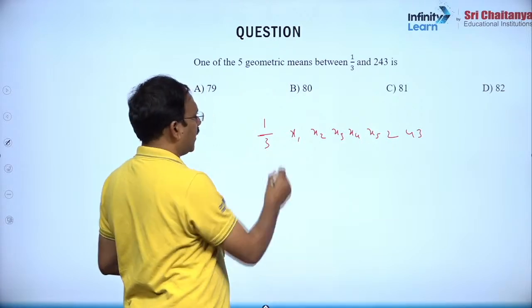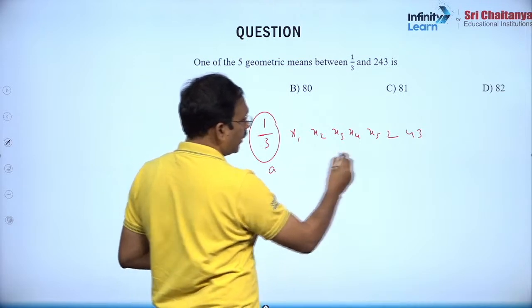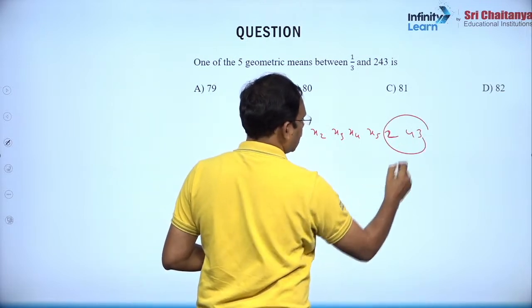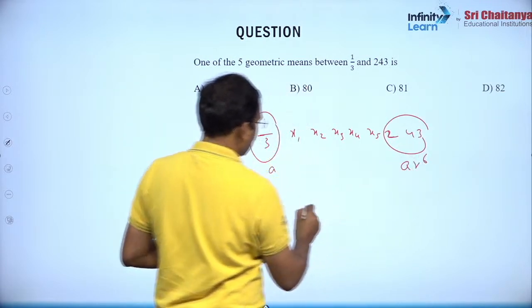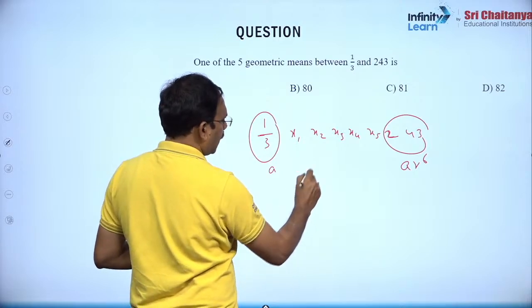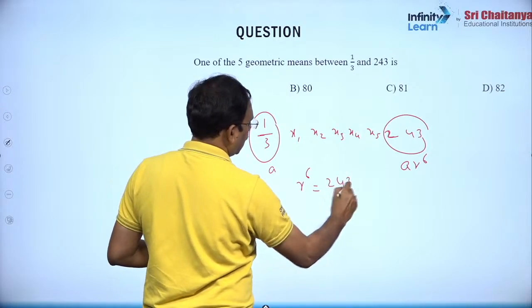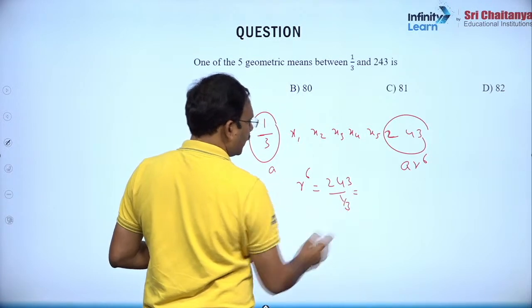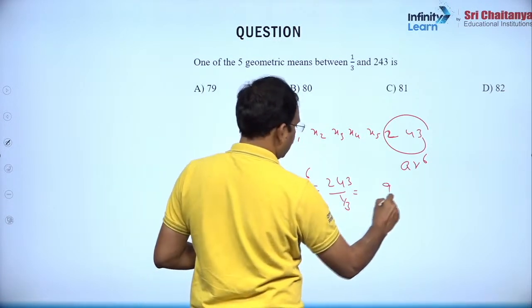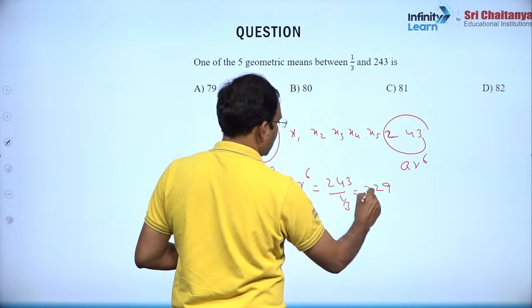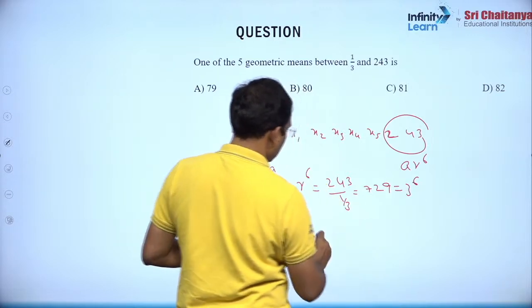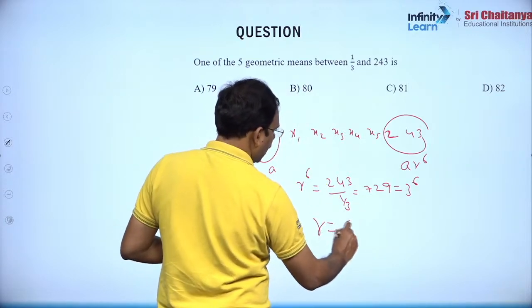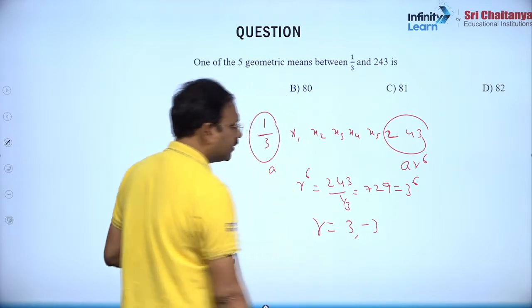This is the first term, this is going to be the 7th term, my dear friends, it is r power 6. So r power 6 is nothing but 243 by 1 by 3, which is going to be 729, which is 3 power 6. You can take the r value as 3 or minus 3, anything is fine.